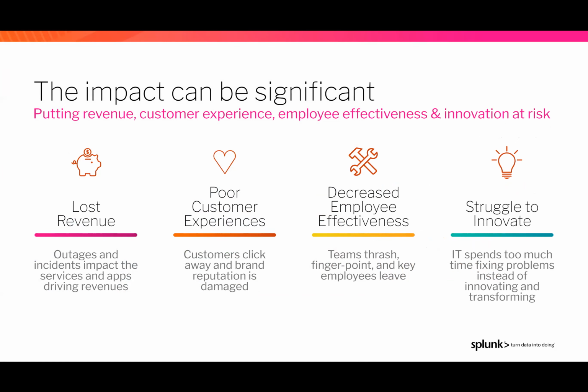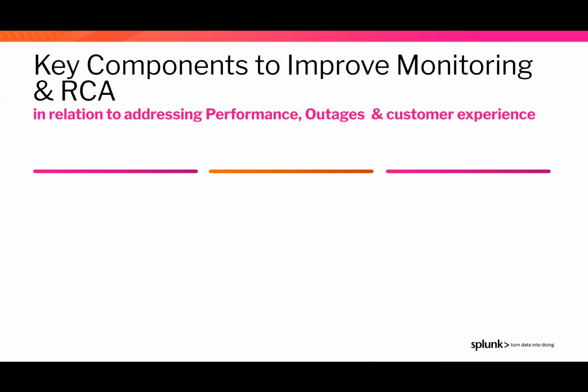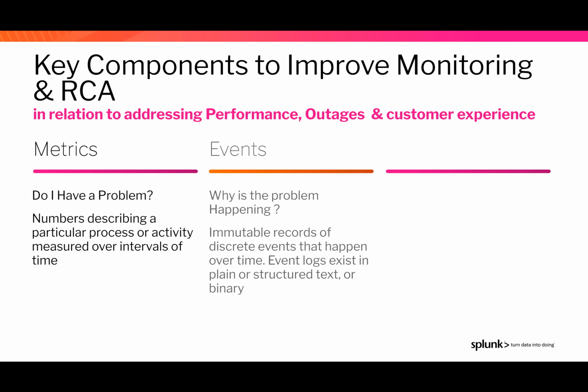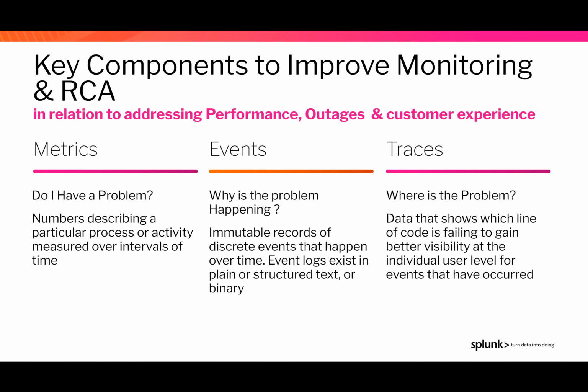So in order to solve this, you need to improve the monitoring and the root cause analysis in order to address the problem of performance, outages, and customer experience. So how do we do this? You have to gather three important data types, which are the metrics, events, and traces.